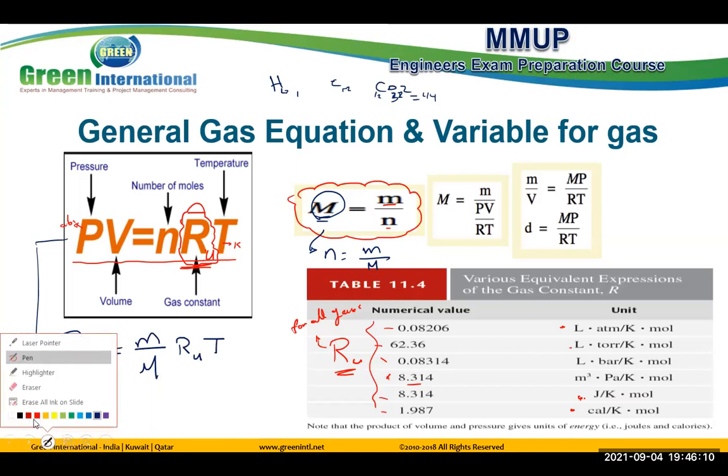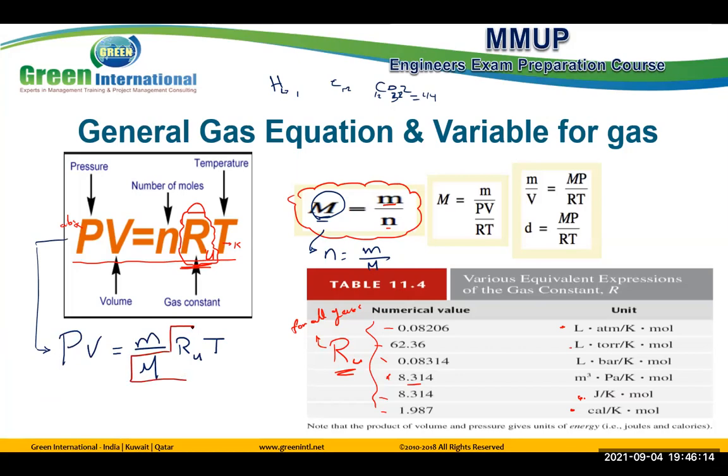Let's take this R universal with M together and obtain another value, which is R. What is this R? It is a specific gas constant related to each gas. It depends on each gas. It comes from dividing R universal by M, the molar weight or molecular weight. So R equals R universal divided by M. Clear?